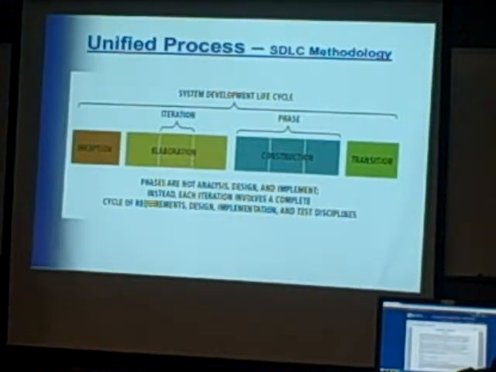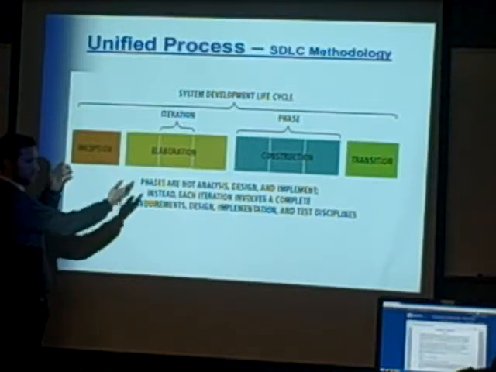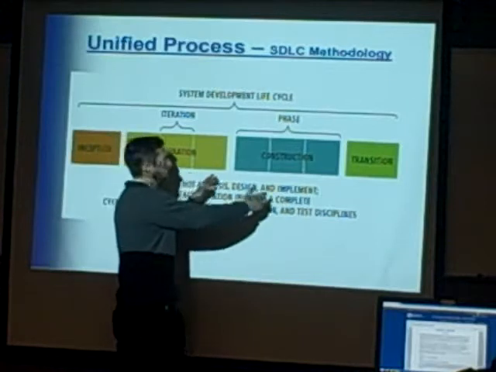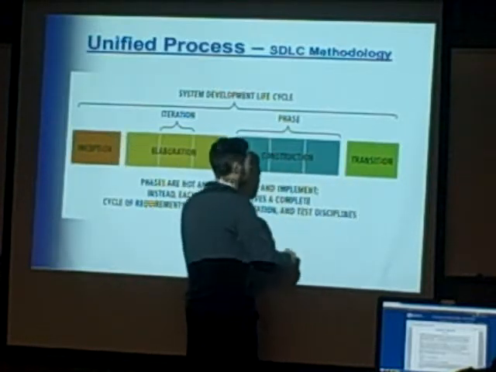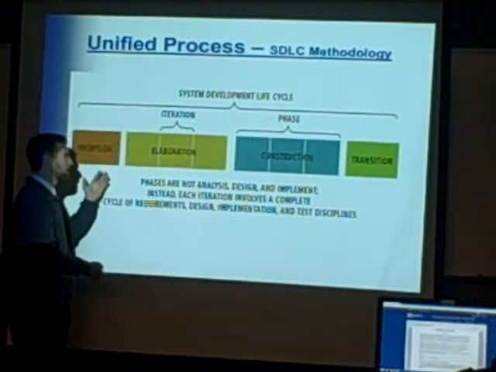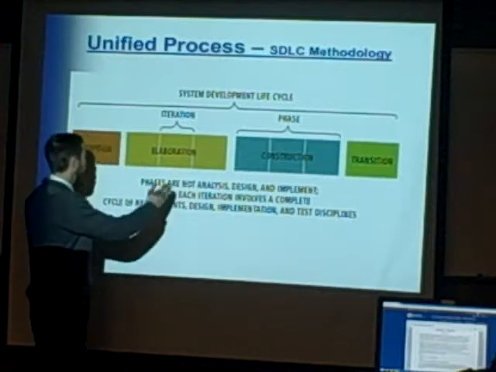Another way of looking at it is renaming our steps. We'll have an early phase of developing our software called inception, and then elaboration, and then construction, and then transition. It's still the same idea that you think about building it, and then you plan it, and then you build it, and you roll it out. So that is still the same.